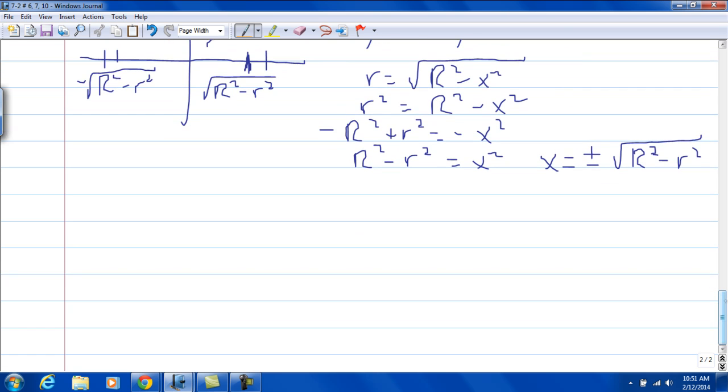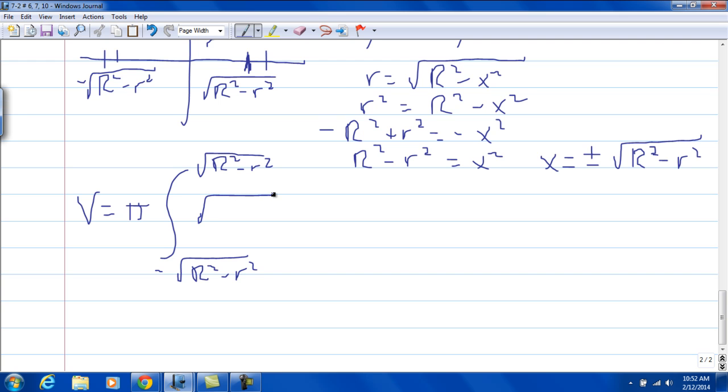So as we set this up, our volume is going to be pi times the integral, I'm going to write this real big just because we have so much to write, from negative square root of capital R squared minus little r squared to the square root of capital R squared minus little r squared, of the upper curve, the square root of capital R squared minus x squared, squared, minus the lower curve, which is just r, squared as well, dx. And I think the setup is by far the hardest part of this.